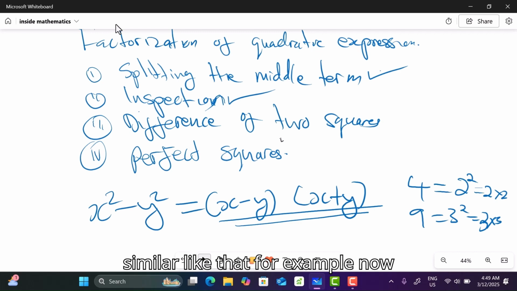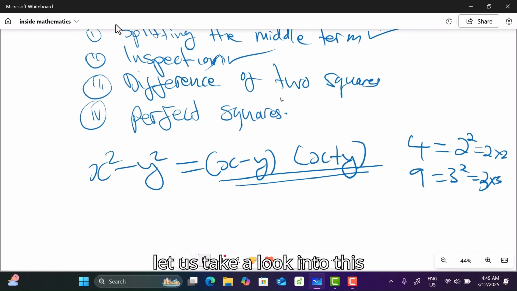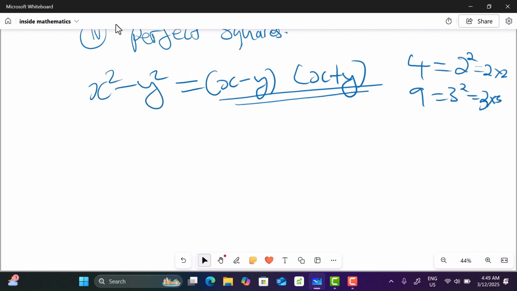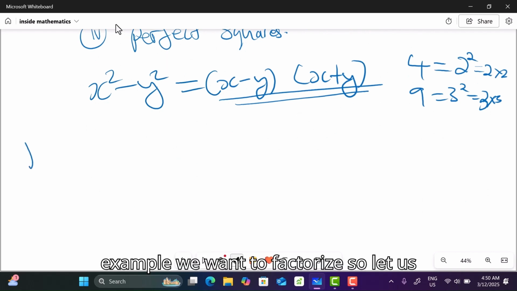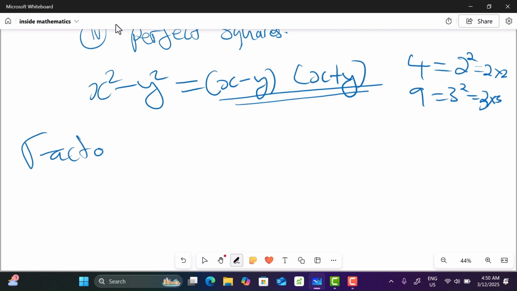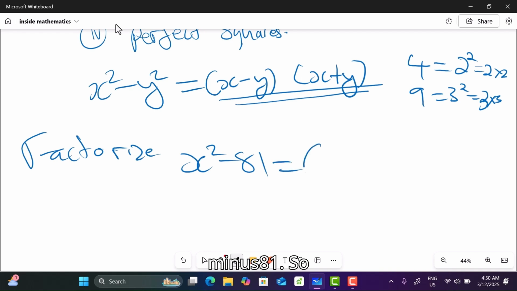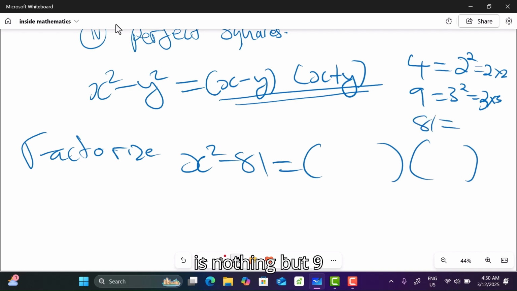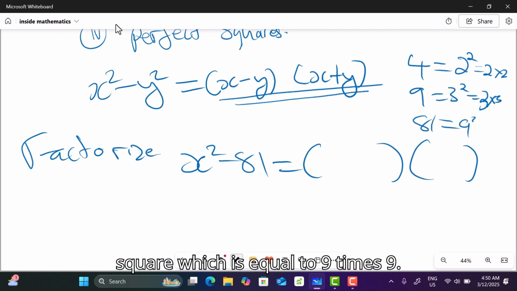For example, now let us take a look into this. For example, we want to factorize x square minus 81. So if you are doing difference of two squares, it means 81 is nothing but 9 square, which is equal to 9 times 9.